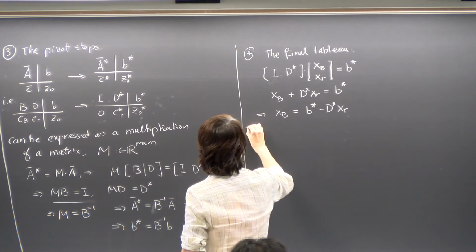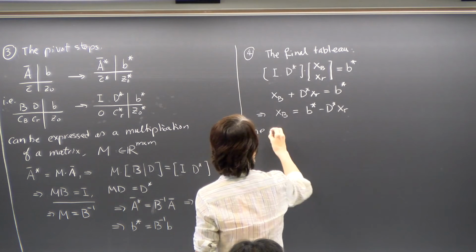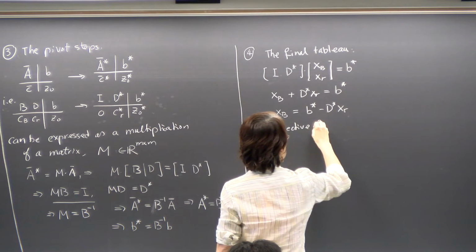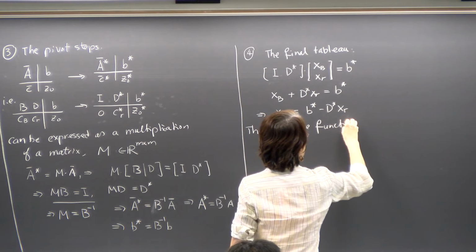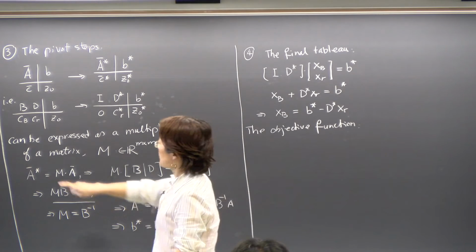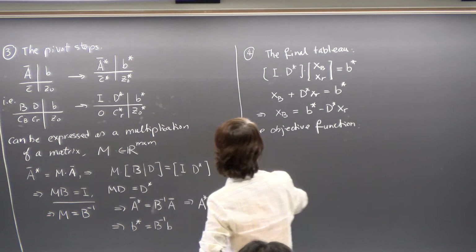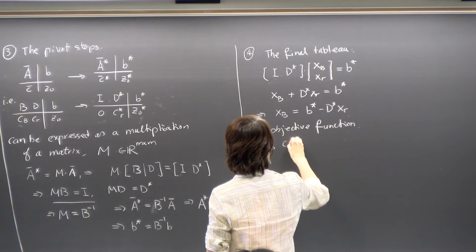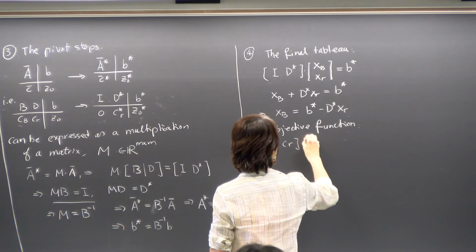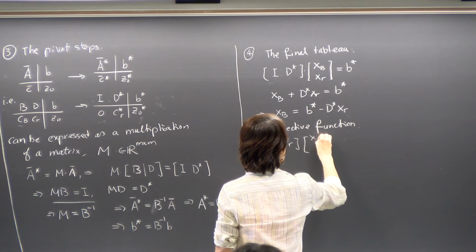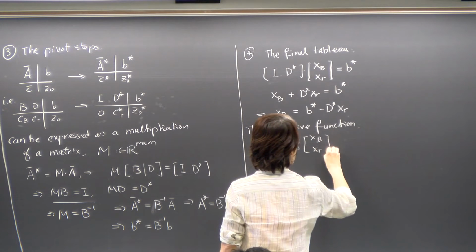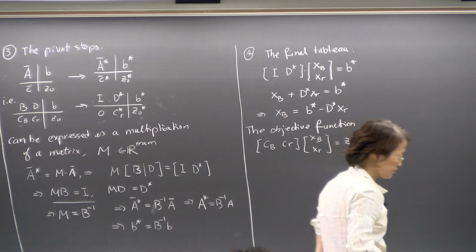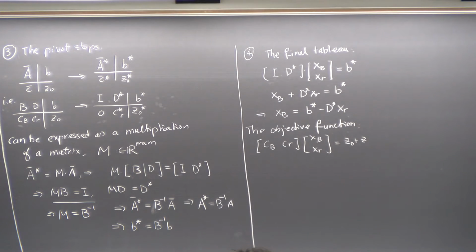So now I already have this expression, so let's look at the objective function. Okay, so the objective function, what is it? Initially, it is CB CR times XB XR equals Z naught plus Z. Is that right? That's my objective function.